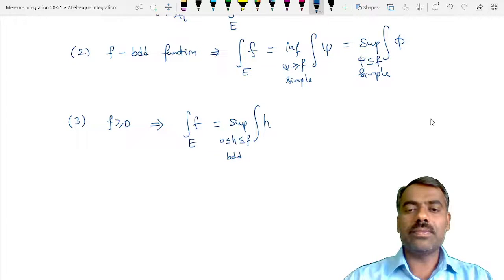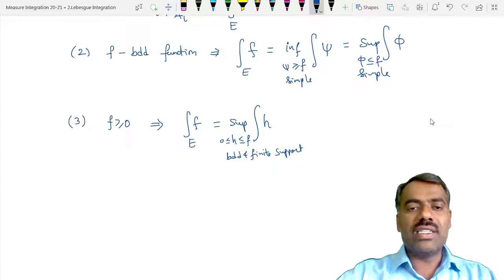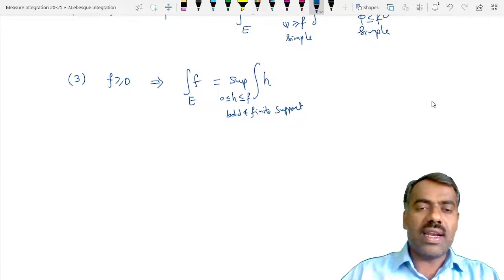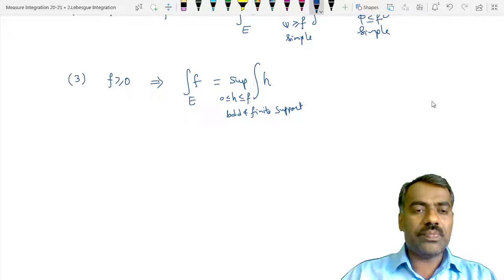Is this clear? Bounded and finite support.